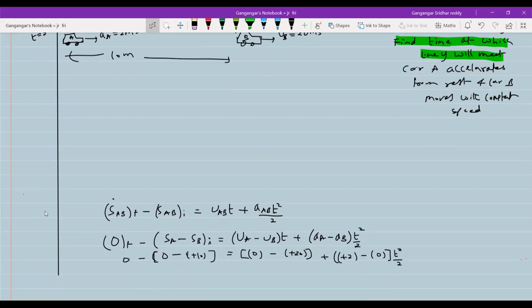So this will become minus of minus, plus 10, equal to minus 20t. 2 minus 0 will be 2, 2 divided by 2, this will be only t square. It's a quadratic equation: t square minus 20t minus 10 equal to 0.